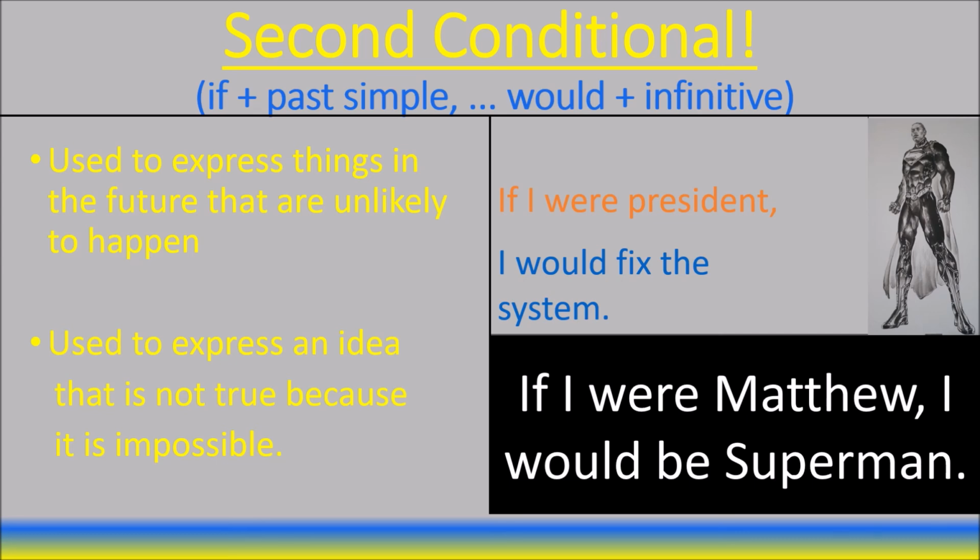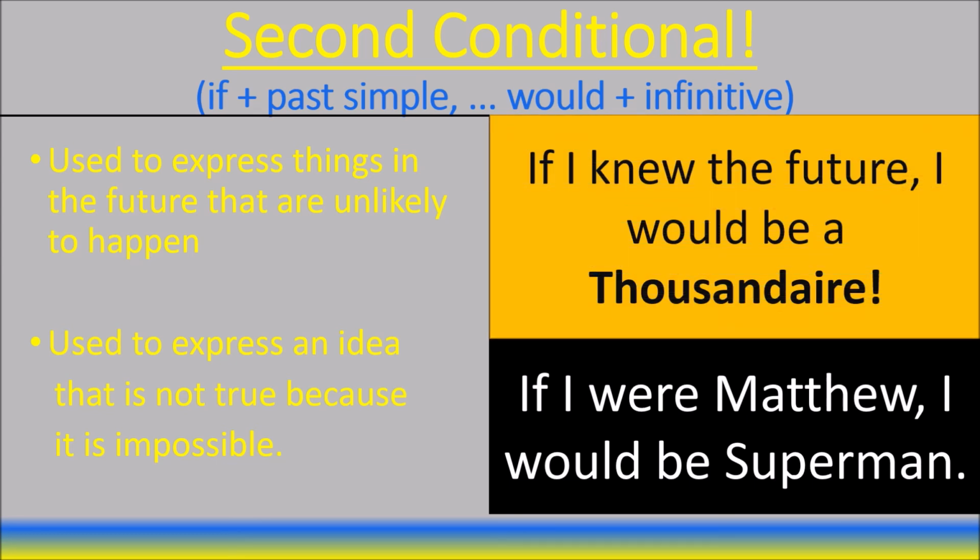Next one. If I knew the future, I would be a thousandaire. So what's the condition? Knowing the future. And what happens? You become a thousandaire because you know what's going to happen. So you know the markets and everything. You can invest your money, make a lot of money, and become a thousandaire.